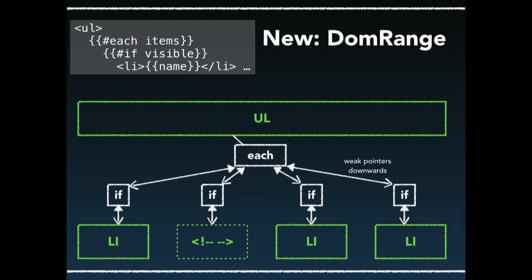So you've got the UL, you've got these LIs, and in between you've got this bookkeeping that has to know that there's these eaches and ifs there, so it can go in and toggle them if something becomes visible, if a new item gets added. But all the pointers pointing down the tree are weak pointers. So if you come in with jQuery, you remove an LI, you move these around, everything is still consistent.